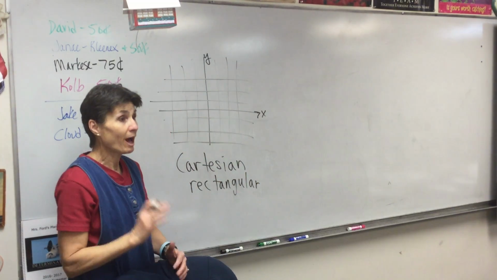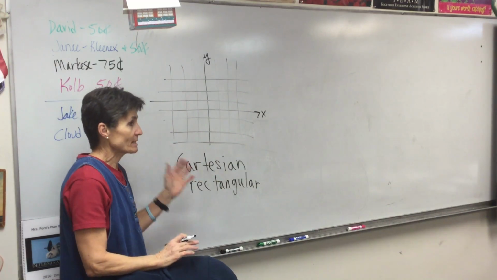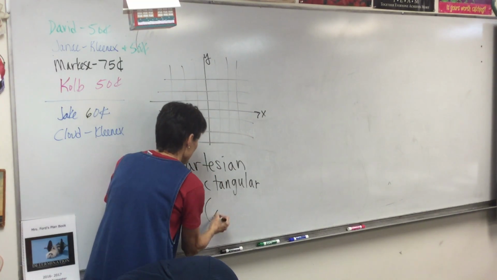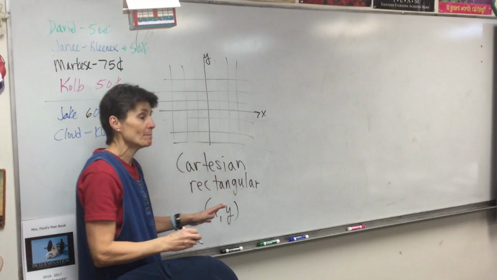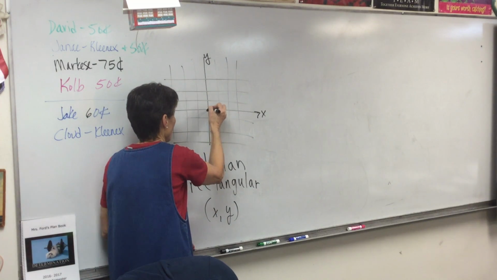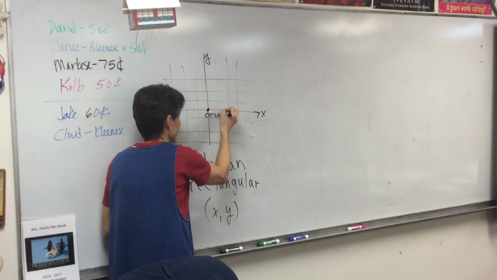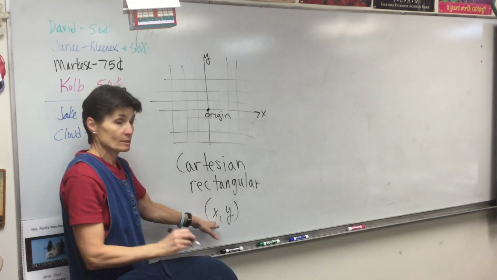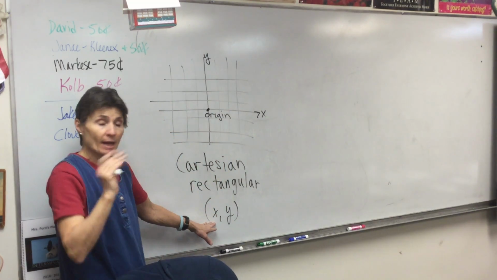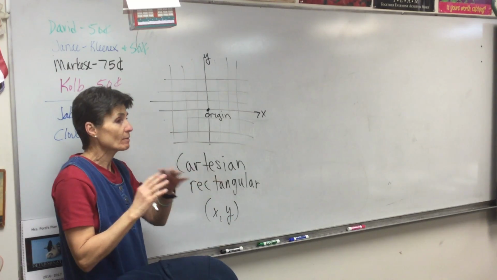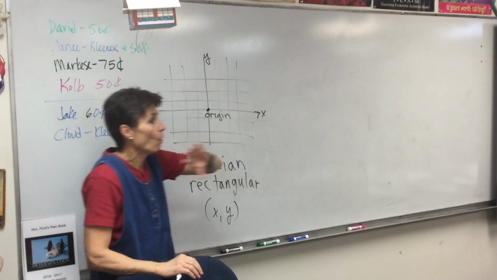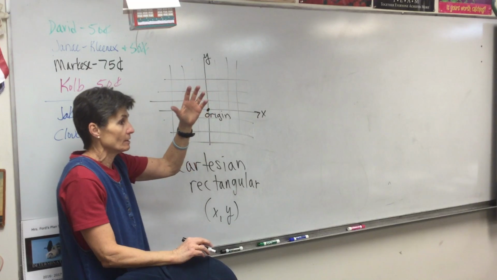When we plot a point in the rectangular system, we use x comma y, and that means starting at this point, which is called the origin, we count left or right, and then up or down. So it's very rectangular, horizontal and vertical, right?